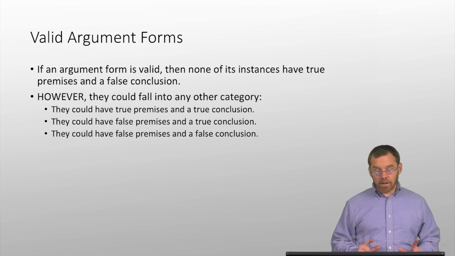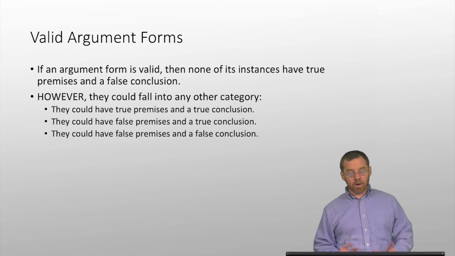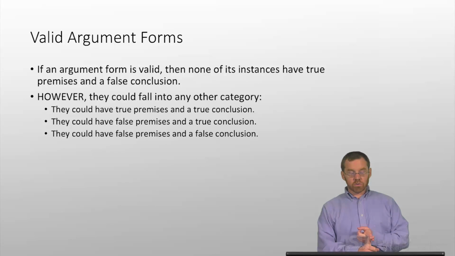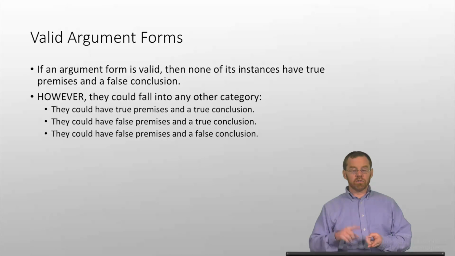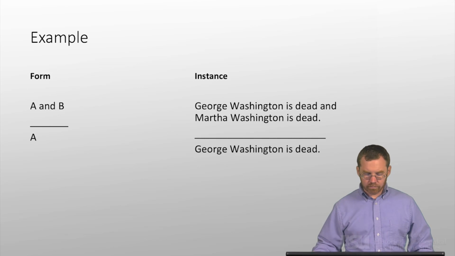Now, in contrast, if an argument form is valid, then none of its instances have true premises and a false conclusion. However, they could fall into any other category. True premises and a true conclusion, false premises and a true conclusion, false premises and a false conclusion.